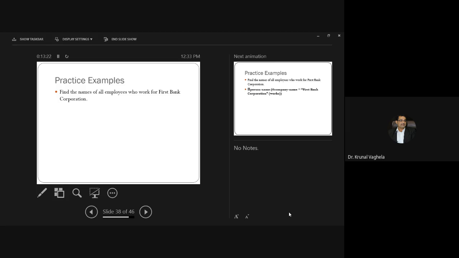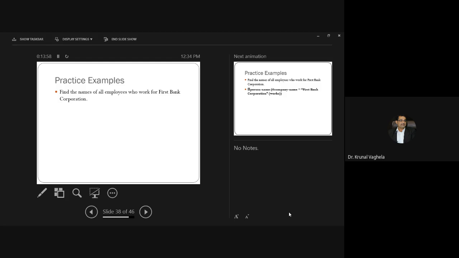Find names of all employees who work at First Bank Corporation. So there is a company called First Bank Corporation. I want to find names. Now you see your tables and tell me from how many tables will I get my data.